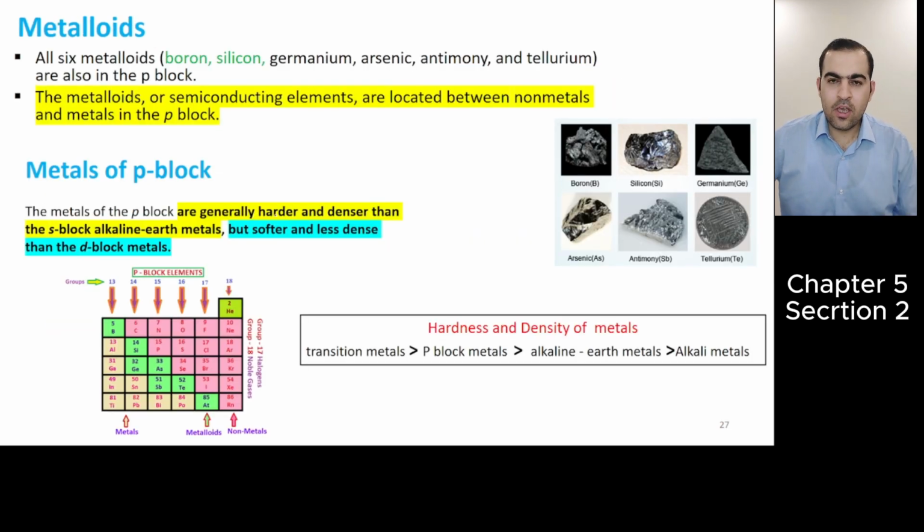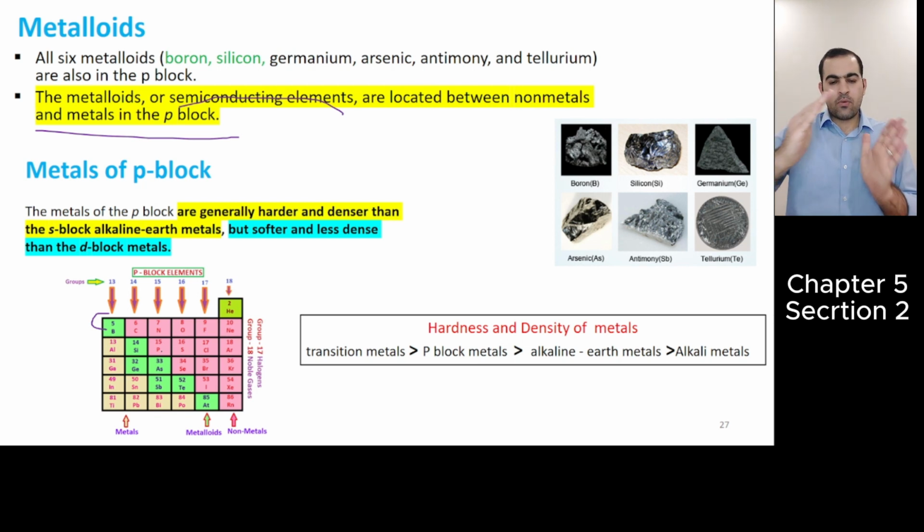Okay, metalloids. All the metalloids, where are they? Look at here. All the metalloids are in P block. We learned that they are semiconductor elements. They are located between metals and non-metals. These are metals, and these are metals. These are non-metals. The metalloids are between them.